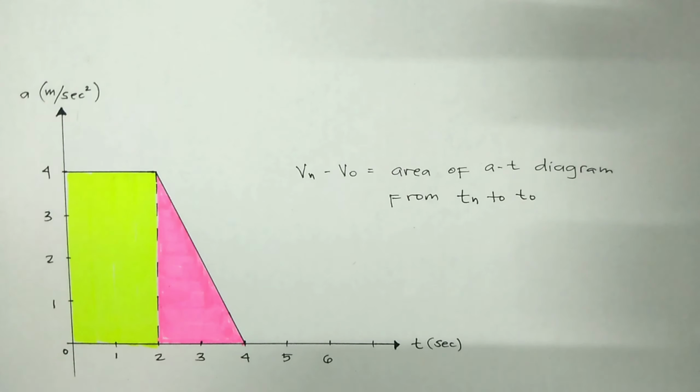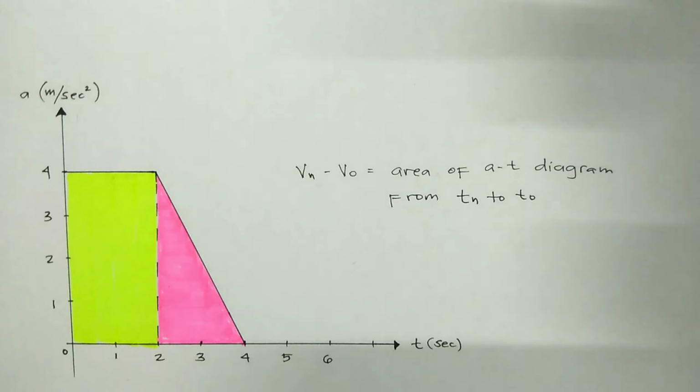So here you are given the AT diagram of the motion of the object. We divided it into two parts: the rectangular part and the triangular part, so that we can easily compute for the areas of these graphs.